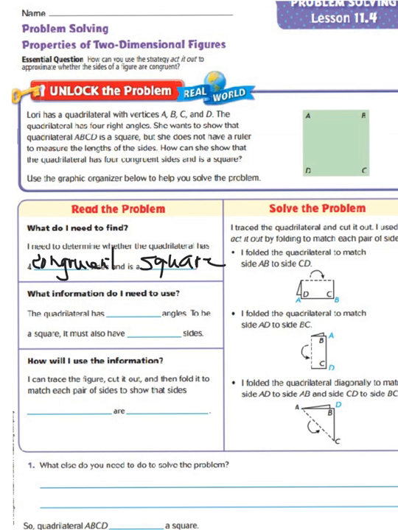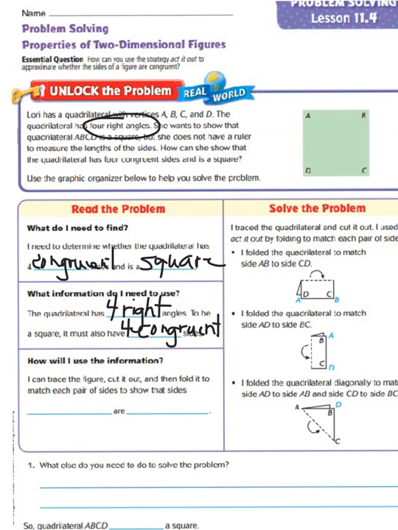So what information do I have or do I need to use? Well, the quadrilateral has 4 right angles, and we saw that up here, and to be a square it must also have 4 congruent sides, because we know that for a square it has to have all sides the same length.